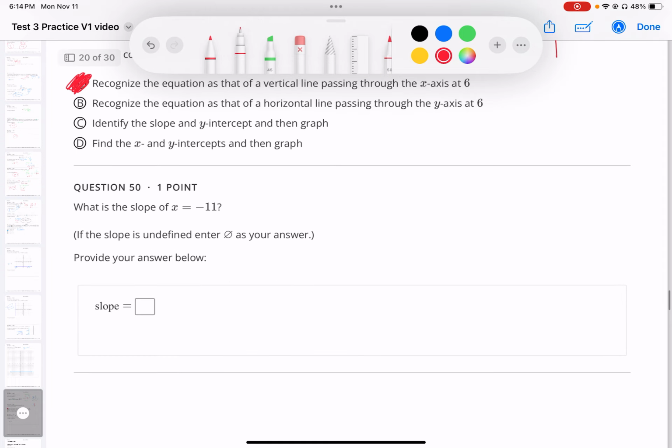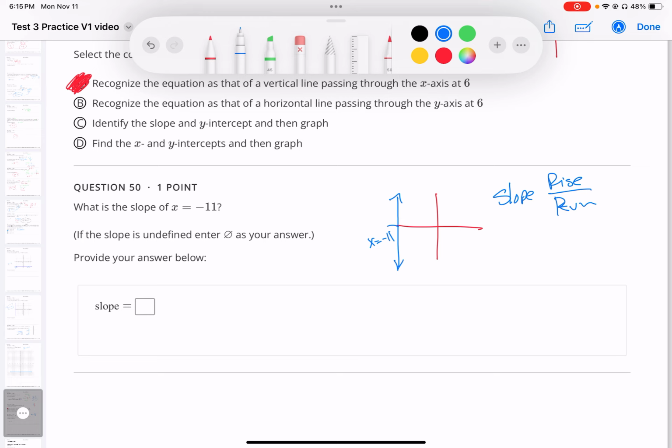Okay, so here's kind of the fun one. Once again, I'm going to draw a fake graph over here to help explain this. So this is over here at x equals -11, excuse me. And so what is the slope? When we talk about slope, we talk about rise over run, right?